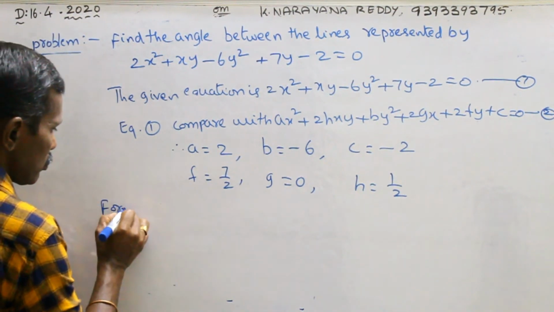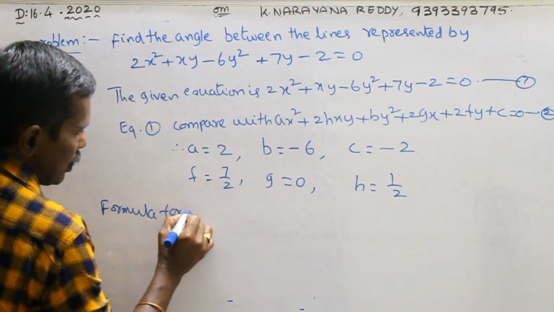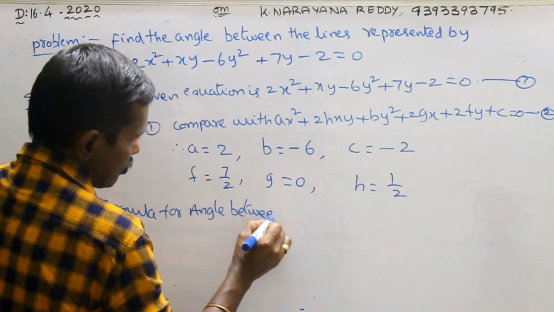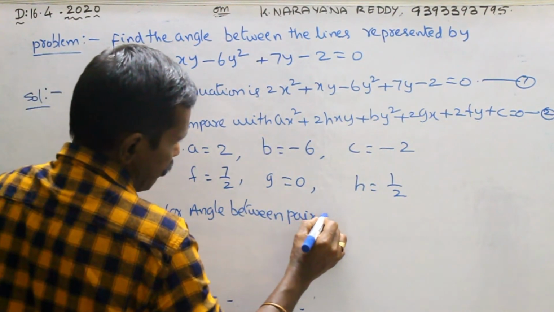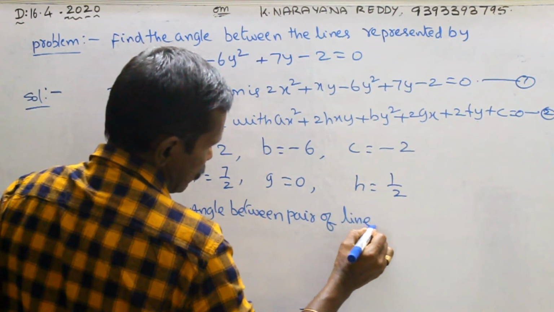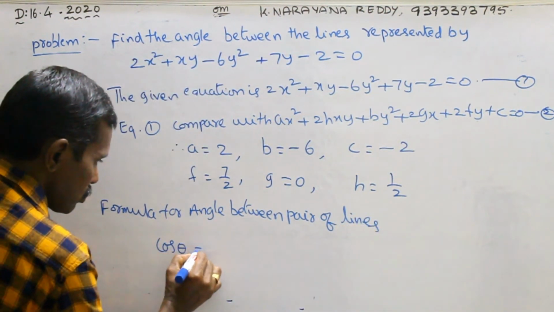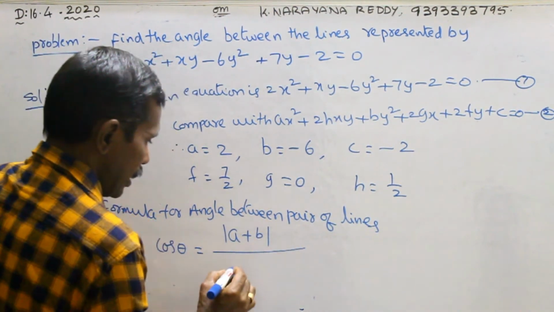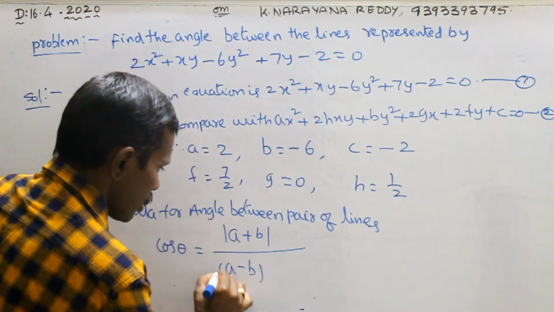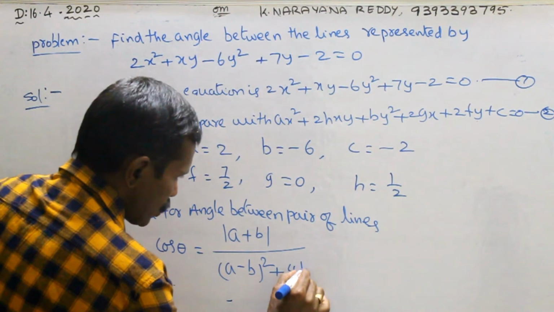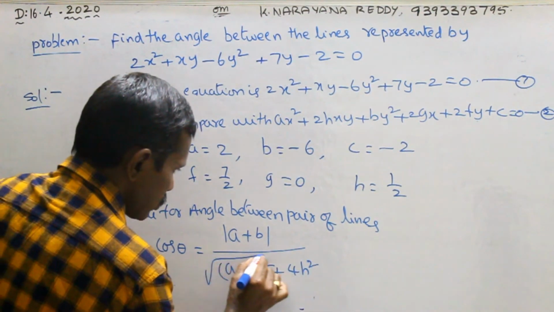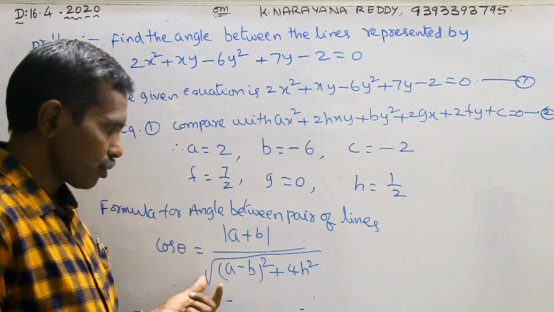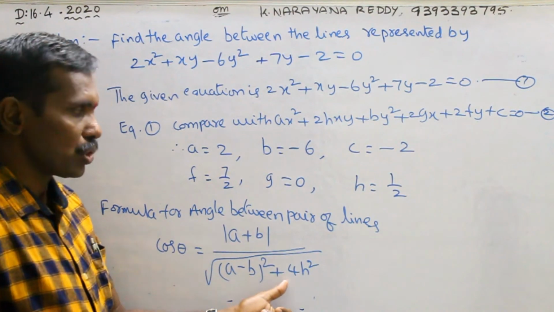Formula for angle between pair of lines: cos theta equals to mod of a plus b divided by root of a minus b whole square plus 4h square.